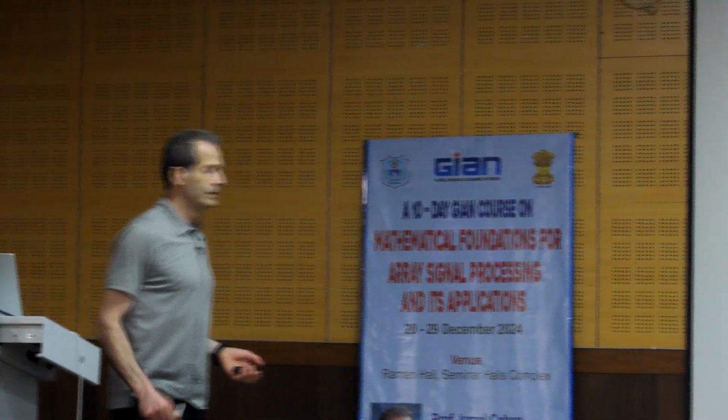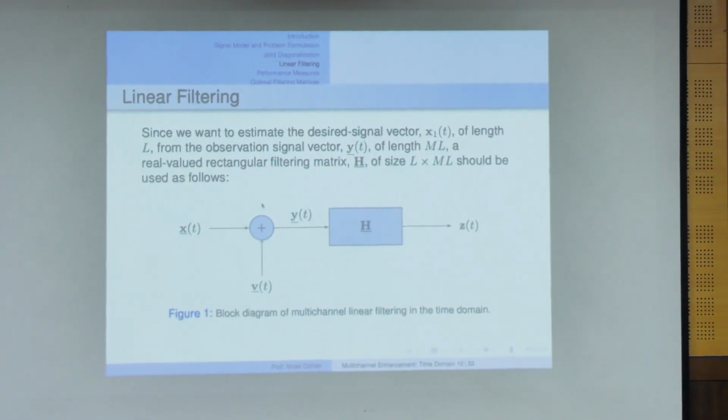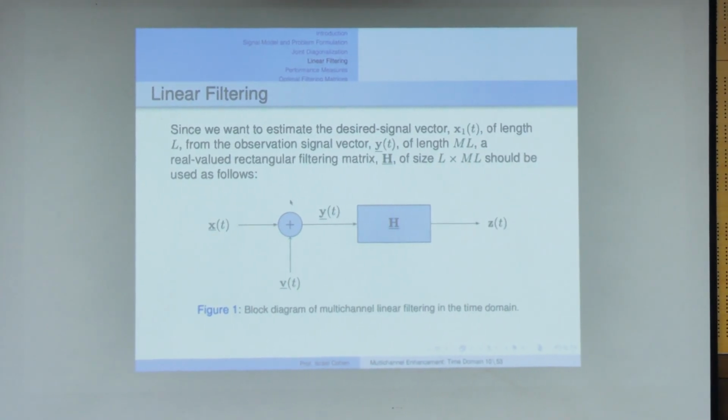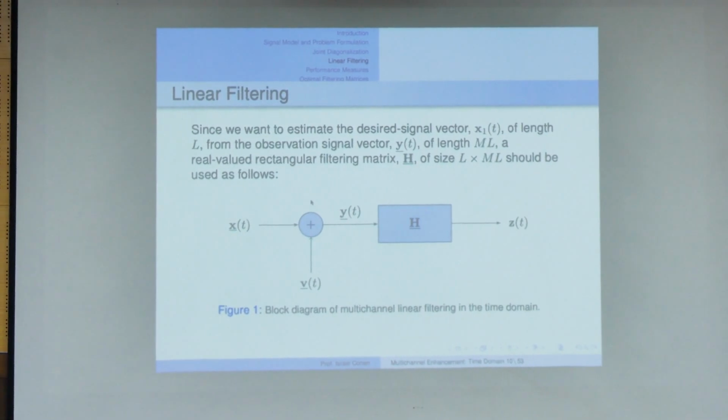Okay, so we define the problem of signal enhancement using multiple sensors by applying the filter matrix here. But if we work in the joint diagonalization domain, just like we sometimes work in the Fourier transform domain or the STFT domain, it is very useful.